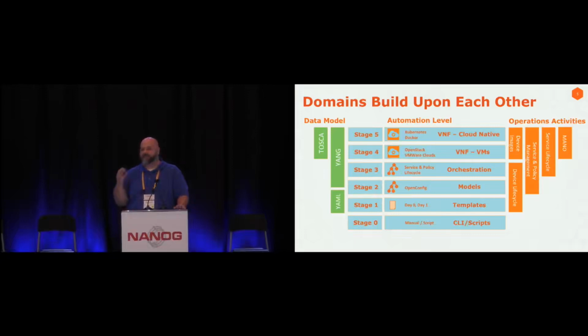Many companies, especially smaller companies that have smaller budgets, are at stage 0, where you're doing some scripting and CLI management. And you have vendors coming in trying to sell you a jump straight up to stage 2, stage 3. As a result, you're going to have to implement stages 1, 2, 3, and 4, if they're wanting to jump you that high, all at the same time in order to get meaningful return on your investment.